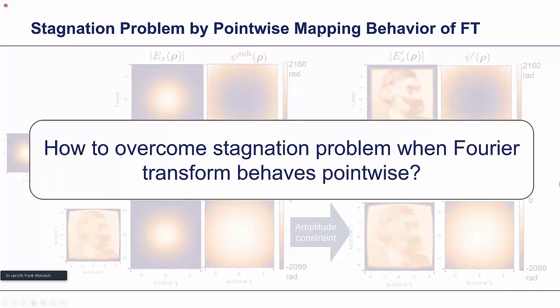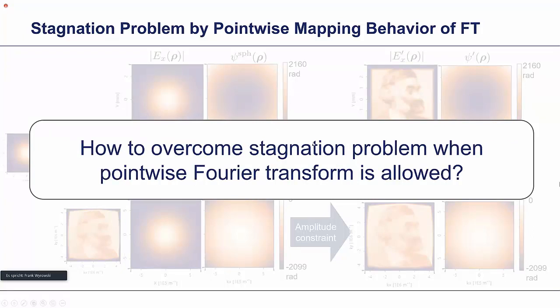That means the question is, if you have this kind of situation, a non-paraxial situation where the IFTA is not applicable, to say it this way, we have a stagnation problem. And the question is how to overcome this stagnation problem, or to say it differently, how to overcome the stagnation problem when the pointwise Fourier transform is allowed.